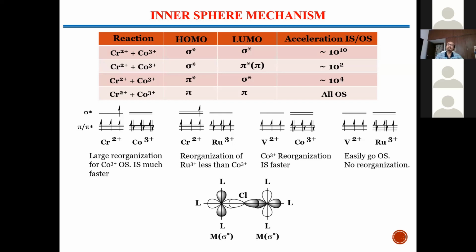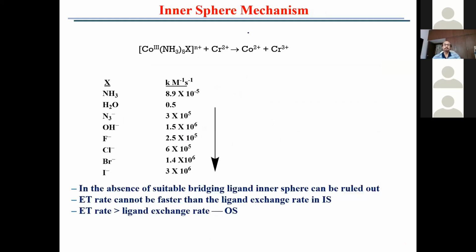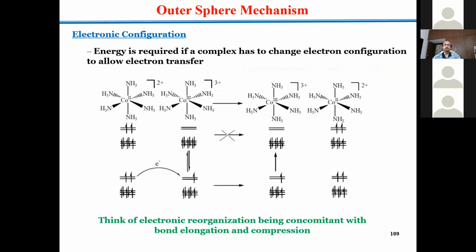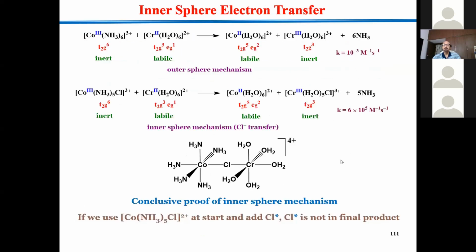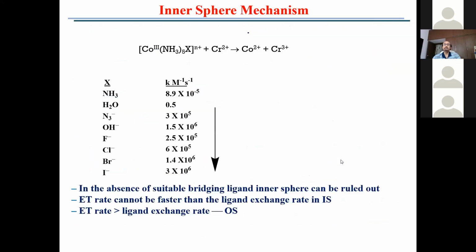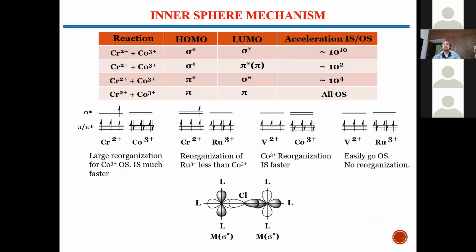I have shown on the slide, it will follow the via media. I think you could remember this slide. Yeah, this route is not allowed, so it will follow the via media. I've already talked about it. So it is symmetry guided electron transfer actually.